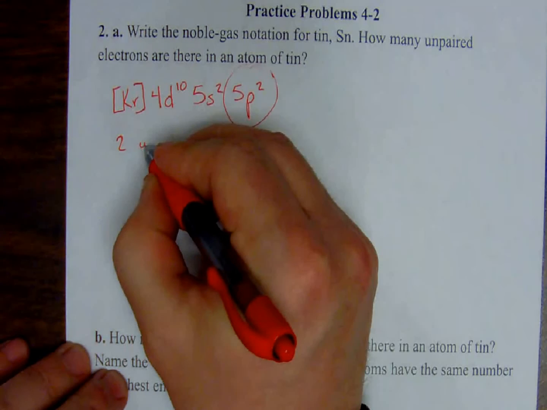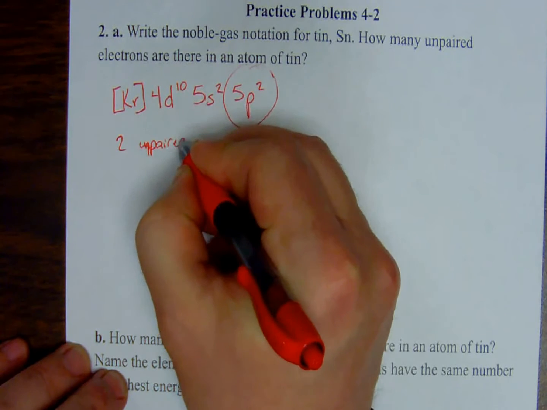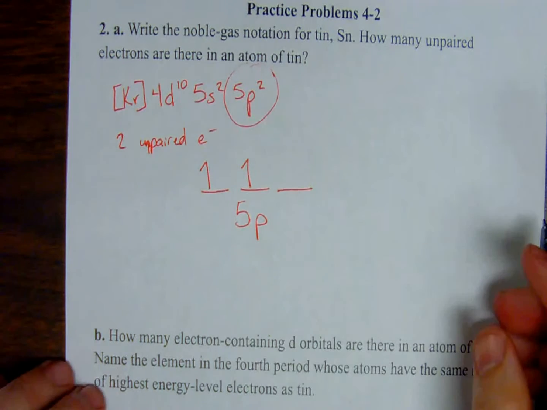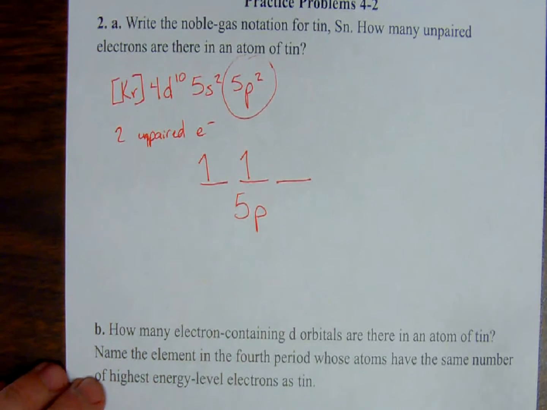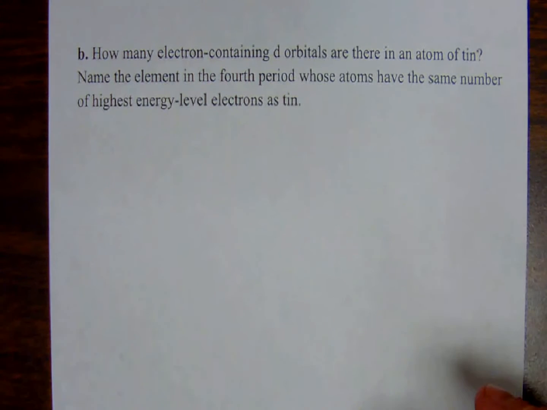B, how many electron-containing d orbitals, so specifically d orbitals, are there in an atom of Sn? Name the element in the fourth period whose atoms have the same number of highest energy level electrons as Sn.